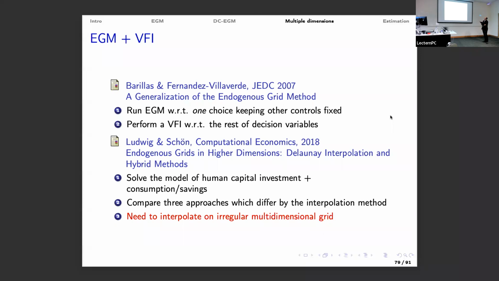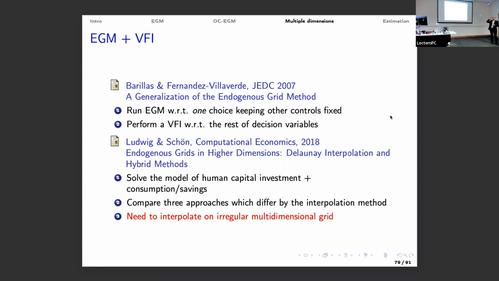The first paper that tried to do the two-dimensional EGM was Barillas and Fernandez-Villaverde, 2007. They had an optimal choice of labor supply, I think, with consumption. And the approach is that you can solve for one of the choice variables separately from the other one and iterate between the two.